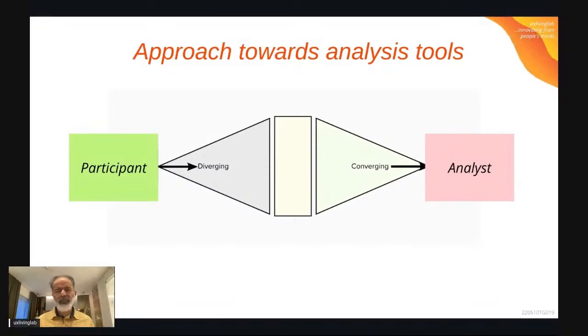Maybe you're just counting the data, going through the data, counting it and concluding. Or you're talking about a very deep paradox testing. Then you're diverging the data, doing the test and converging. That should be the approach to these tools.